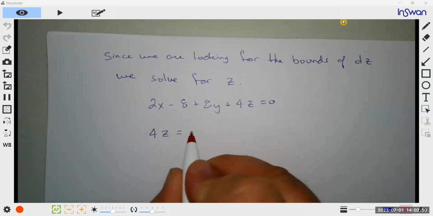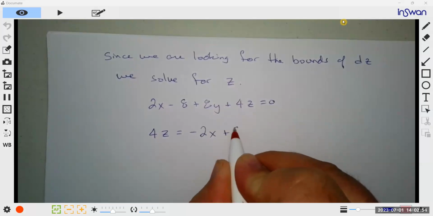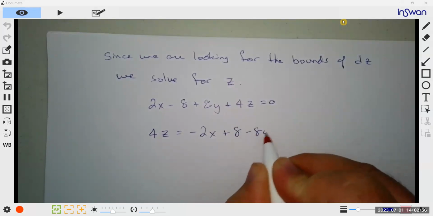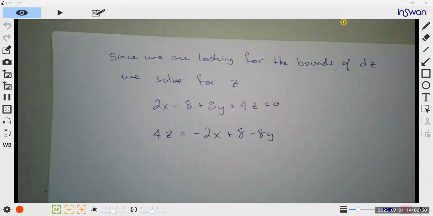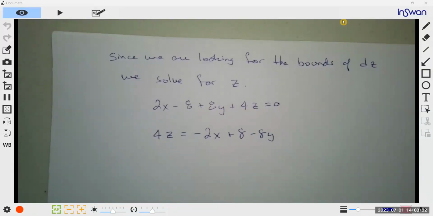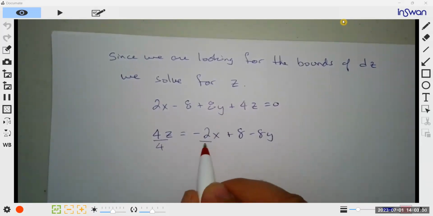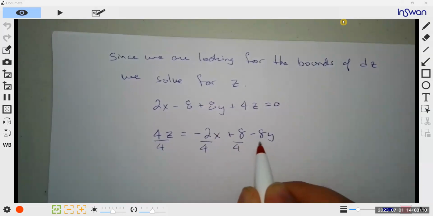Four z equals negative 2x plus 8 minus 8y. Divide each term by 4.